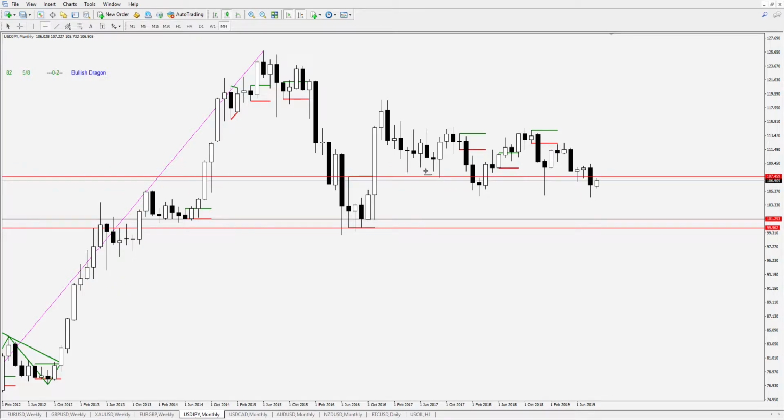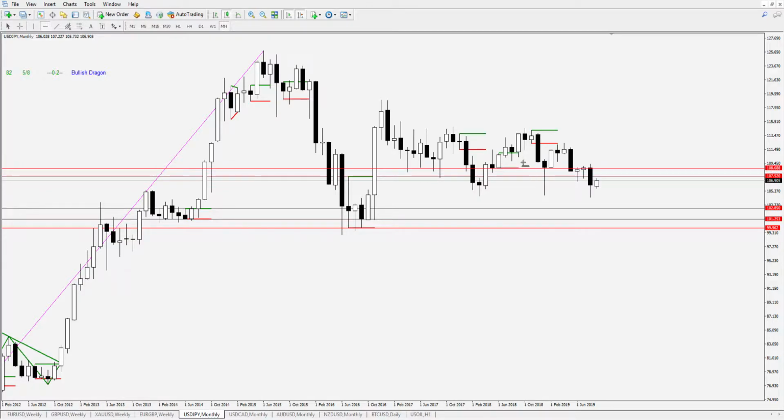Okay, we've got immediate resistance here at 107.52. Another support 102.85. So yeah, we've got immediate resistance. Pending we break that, then we'll have the next resistance at 108.68. But it's a bullish dragon on the monthly.